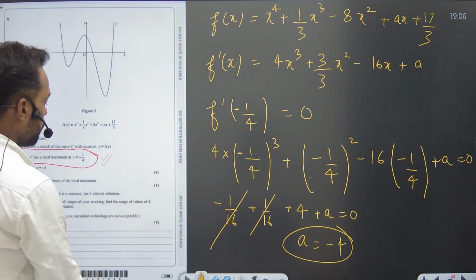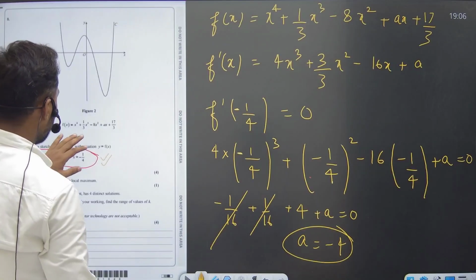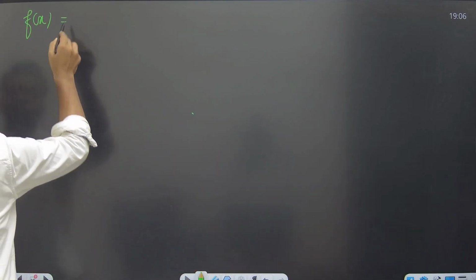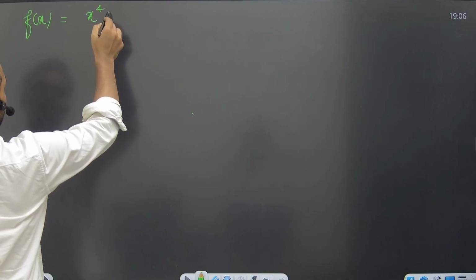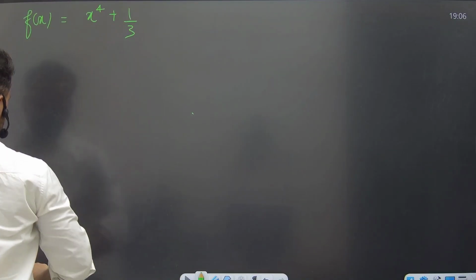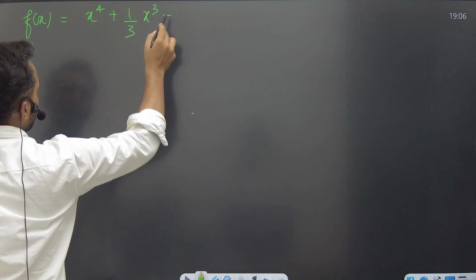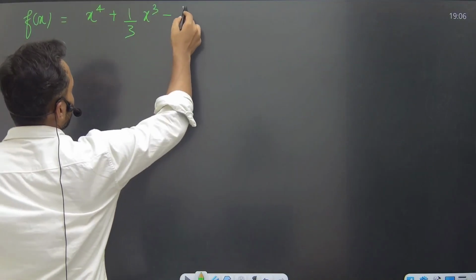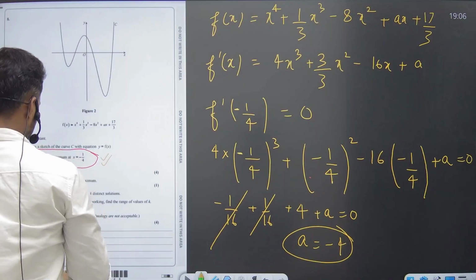Now what we need to do, students, is plug in the value of a in the original function. So our original function will be f of x equals to x power 4 plus of 1 by 3 x cube negative of 8x square plus of ax plus of 17 by 3.